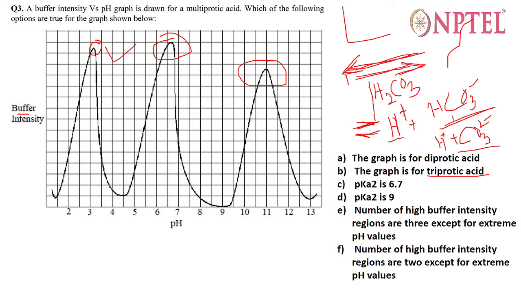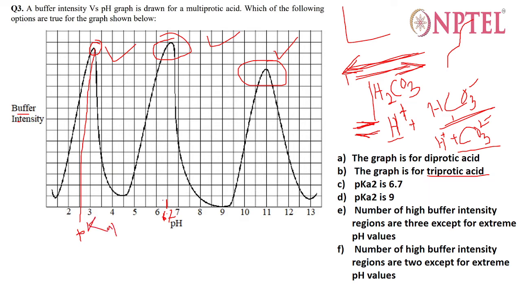So we are getting this for a triprotic acid, and there was also one correct answer, pK2. Yeah, this is almost 6.7, right? So this answer is correct. This is the pKa2.